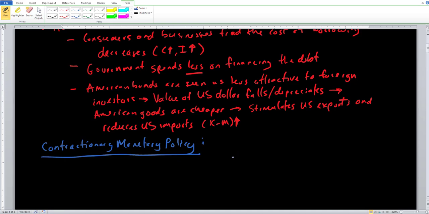The Federal Reserve actually wants to decrease excess reserves and wants to raise interest rates. So these are Fed actions designed to decrease excess reserves and the money supply to fight inflation.